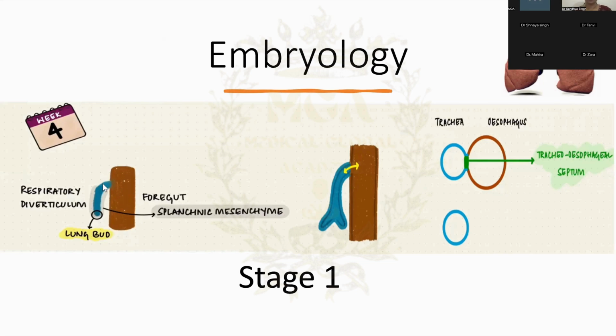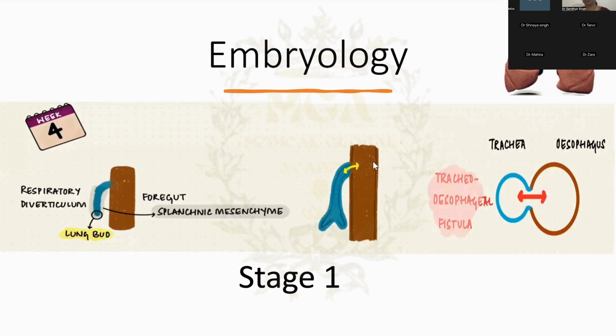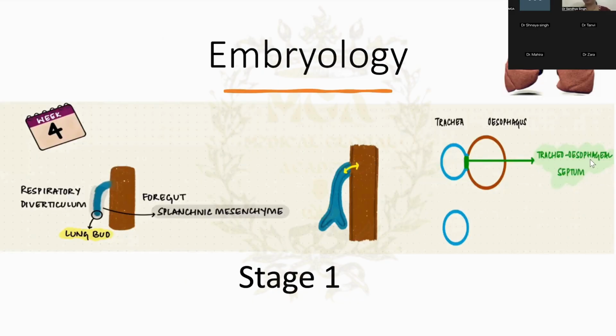In the beginning, the foregut is connected to the respiratory diverticulum, so obviously there is a fistula. But as gestational age advances, this fistula closes by a septum known as the tracheoesophageal septum.